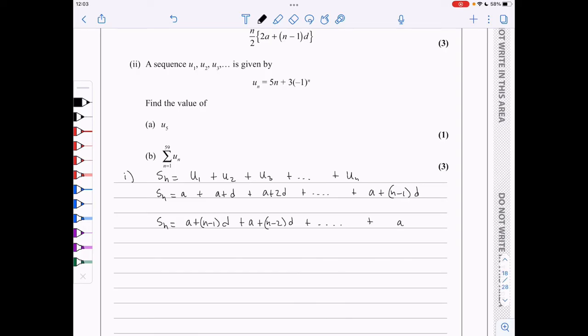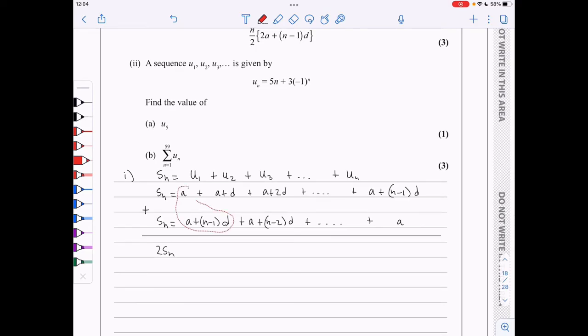up to and including the first term, which was a. Now, the reason for doing this is that if I add this vertically in a pairwise fashion, I get Sn plus Sn, which is just 2Sn. But then if I pair them up like this, I see that all these pairs are always giving me the same sum. It's 2a plus (n minus 1)d, n times. Why?